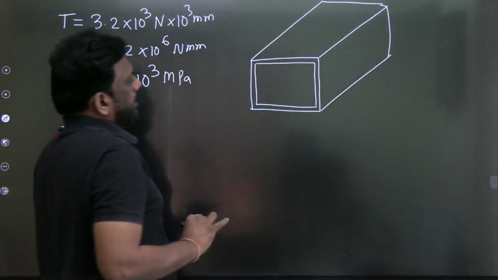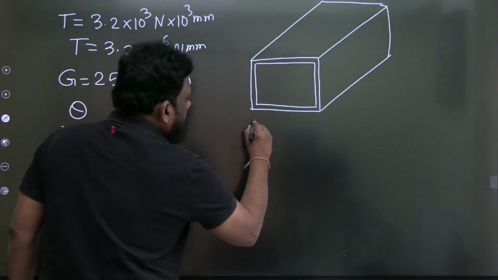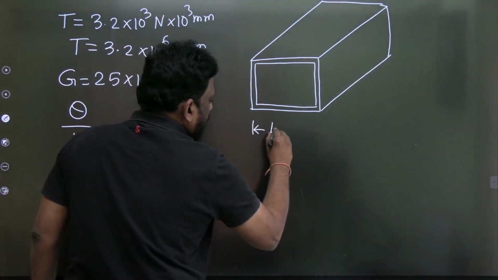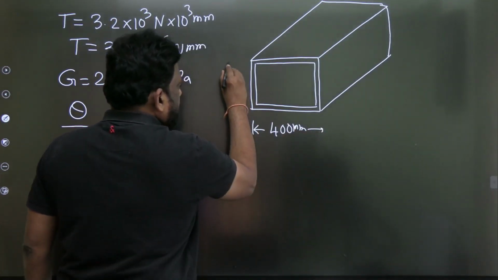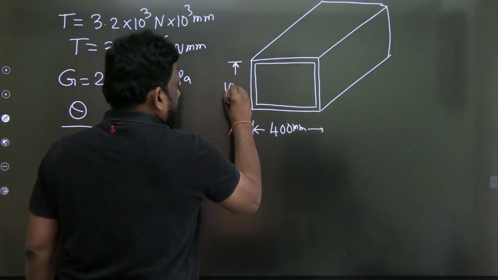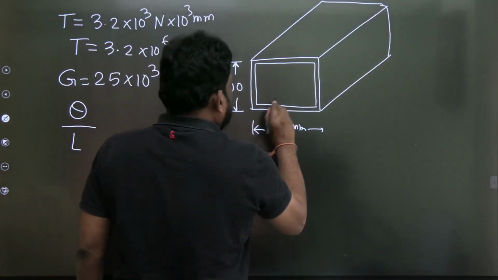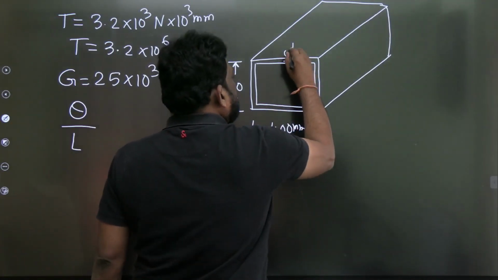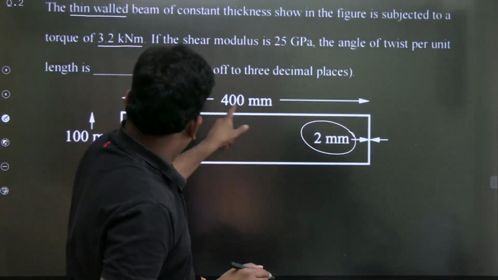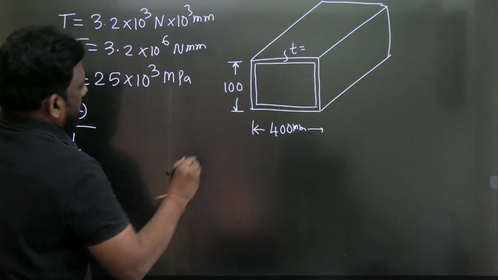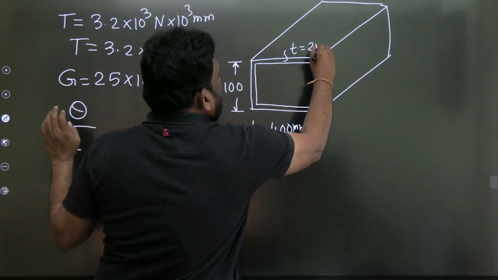Now, look at this. This is given as 400 mm. This is given as 100 mm. And the thickness is, let me check, 2 mm.